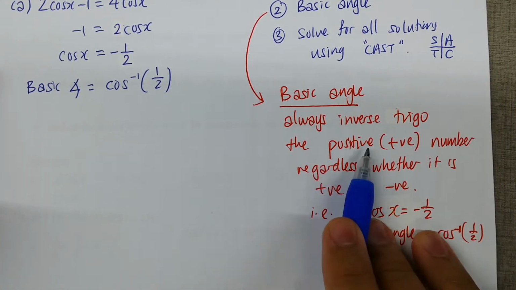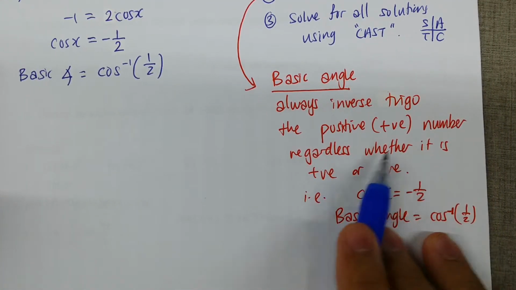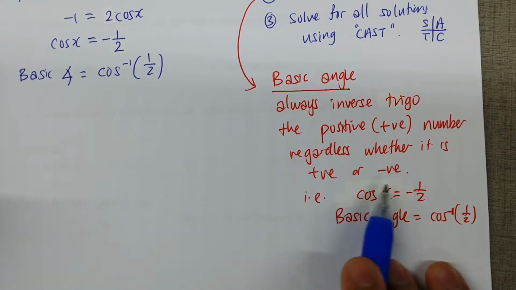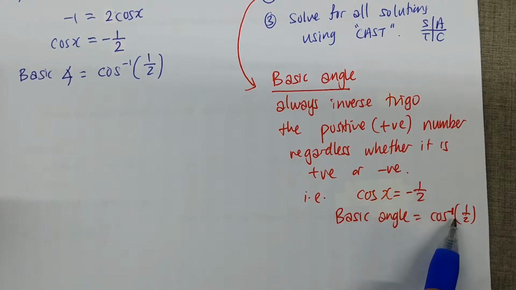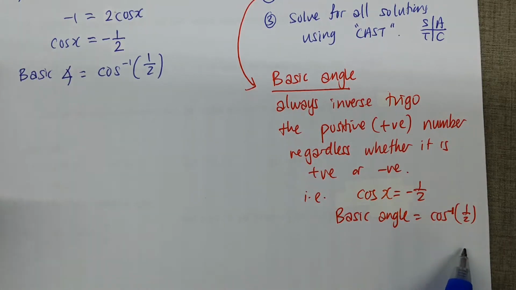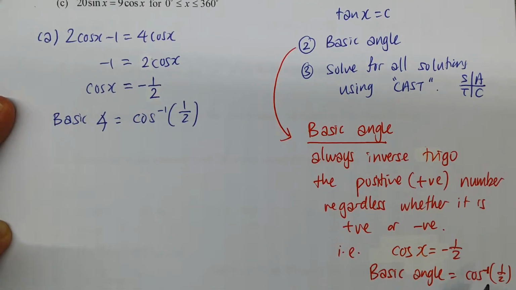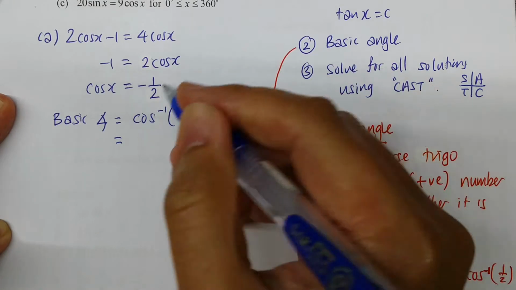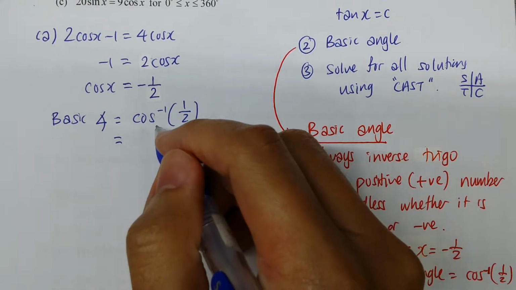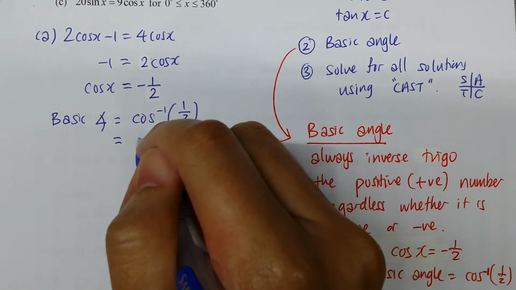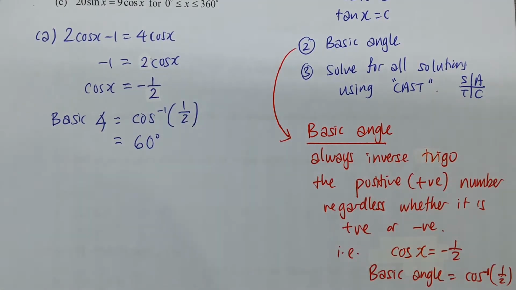For basic angle, always inverse the positive number only, regardless whether it is positive or negative. So if cosine x equals negative half, I only cosine inverse the half. So the basic angle will be equal to, press our calculator, don't be lazy, cosine inverse half is 60 degrees.